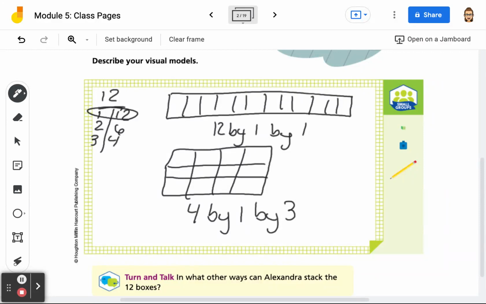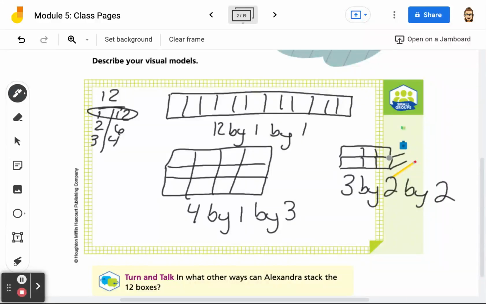So then we need to come up with one more. Well, we can break apart this 4 here, because to get 4 we can do 2 times 2. So we can do a 3 by 2 by 2. Let's see if I can draw it here in 3D. So we're going to do 3 across and 2 high. And then we're going to go 2 back.